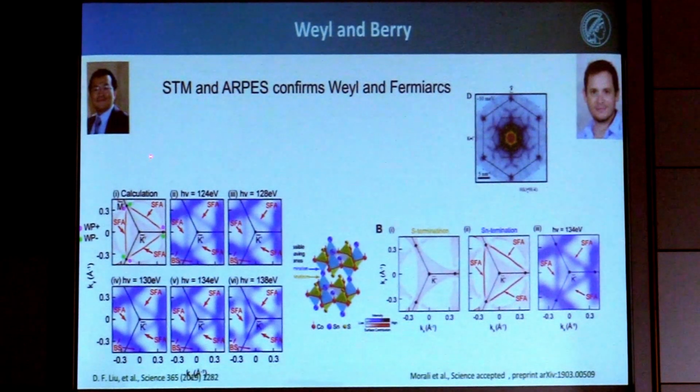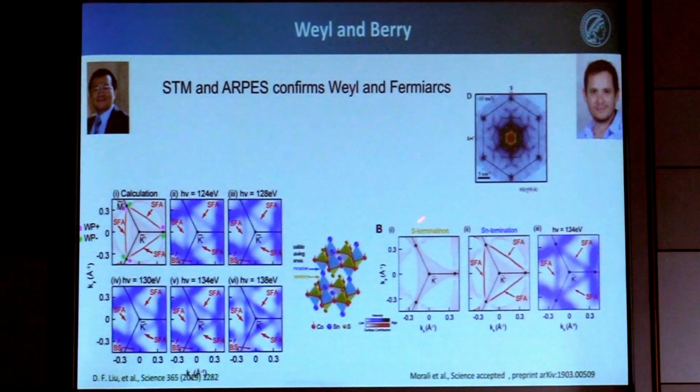But the next step is then up. So this is a theoretical prediction of the Fermi arcs in this material, and this was investigated by Julian Chen's group. And these are the experimental observations, and it's quite clear that the experiment and the calculation are in nice agreement.